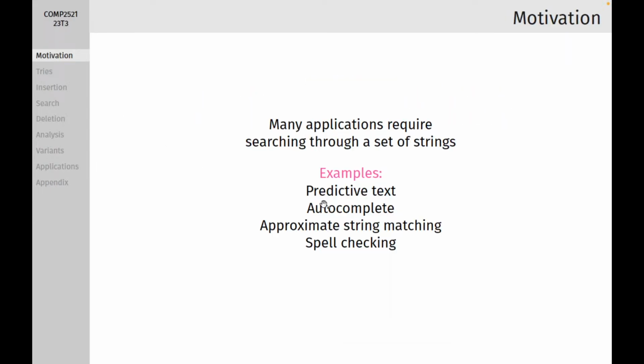So autocomplete is an interesting application that you might want to try yourself as an exercise. Right? So given the first part of a word, print out all of the words that could arise from extending the word that has been typed in so far, right?